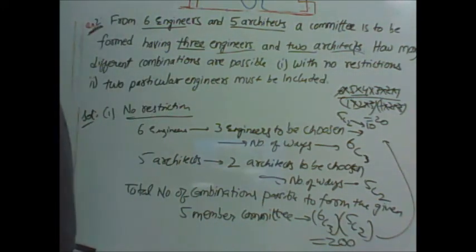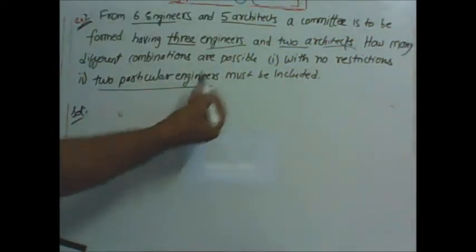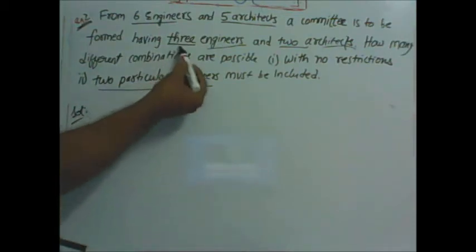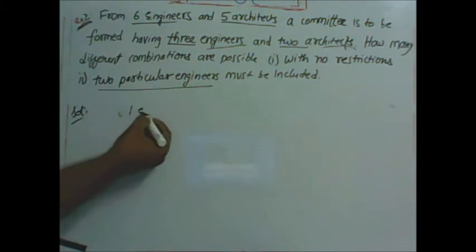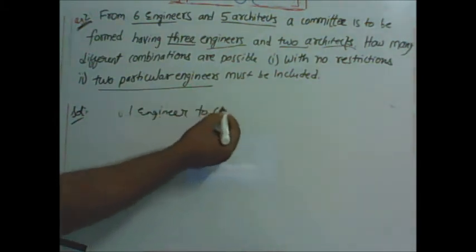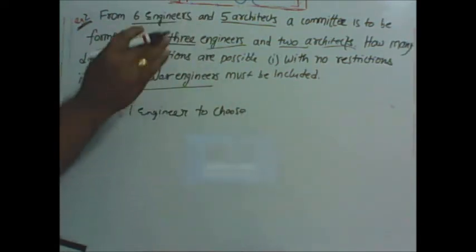Now coming to case 2. In case 2 it is given that 2 particular engineers are already included. That means they are selected. We can do nothing about it. So our requirement is 3 engineers and 2 are already selected for us. Then we need 1 engineer to choose from how many?